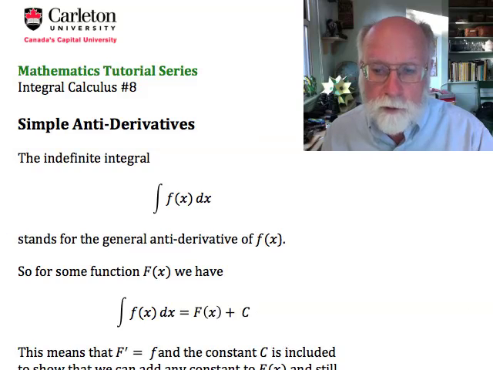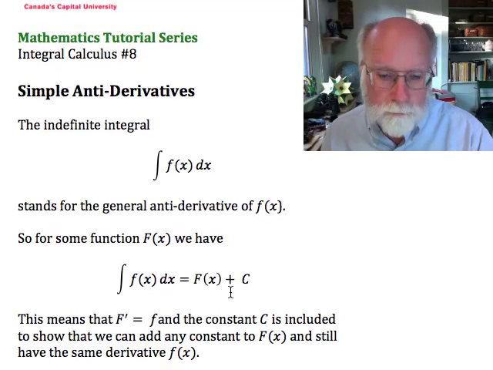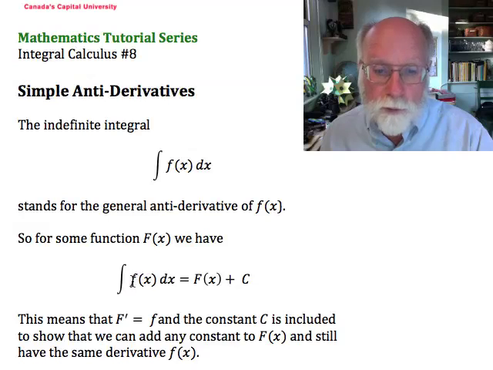The constant here is called the constant of integration. And what it stands for is the fact that by adding a constant to the antiderivative, you get a new function which is still an antiderivative of the one that you started with. So capital F of x plus any constant will have the same derivative equal to little f of x.